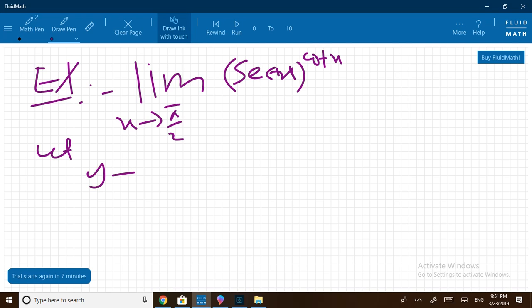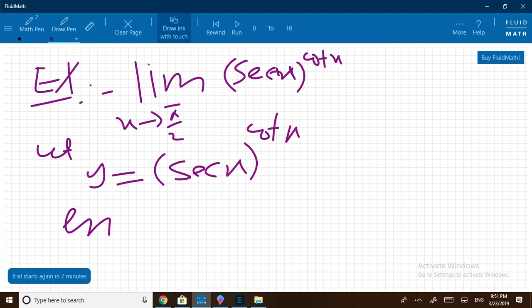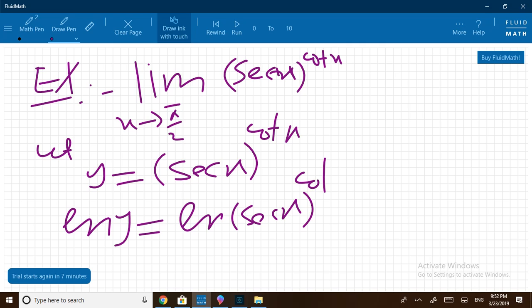Let y be equal to secant x raised to the power cot x, and taking the natural log on both sides, natural log y is equal to natural log of secant x raised to the power cot x.